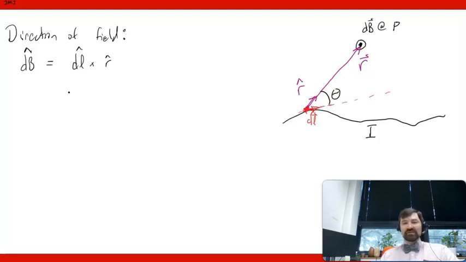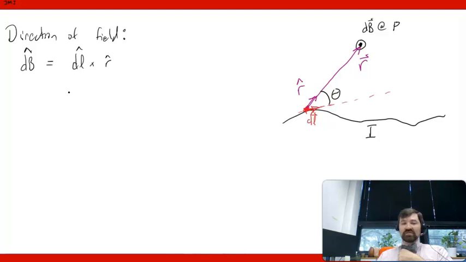Put differently, we can look at the direction that r is in, look at the direction dl is in, and take the cross product. If we were using unit vectors, then you're going to want to take an ijk matrix, and you can go review how to do that. This video is a little overlong, so I'm not going to do all that in here.